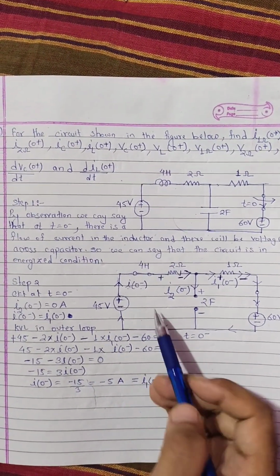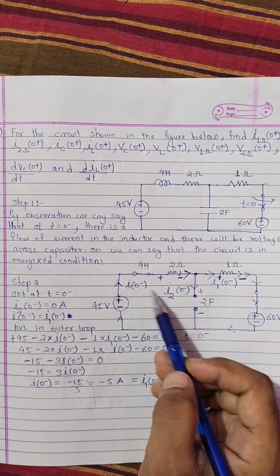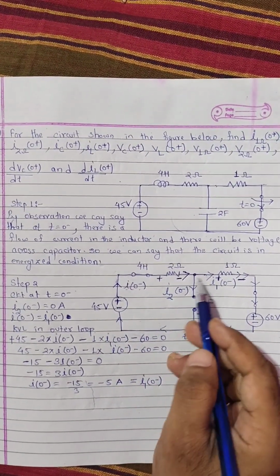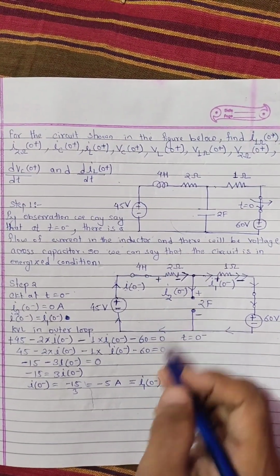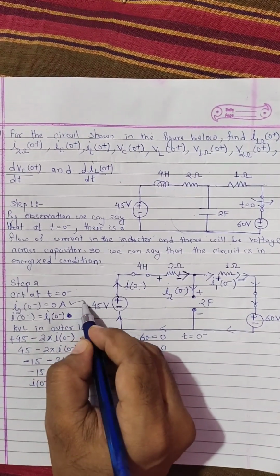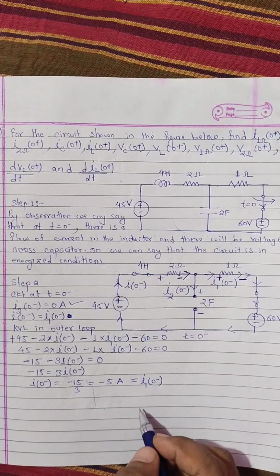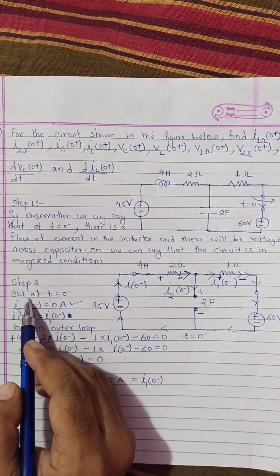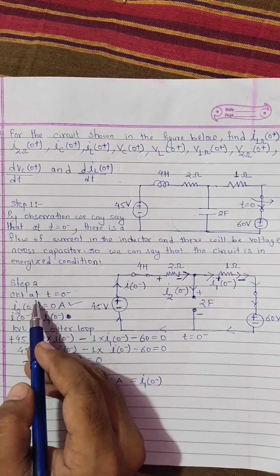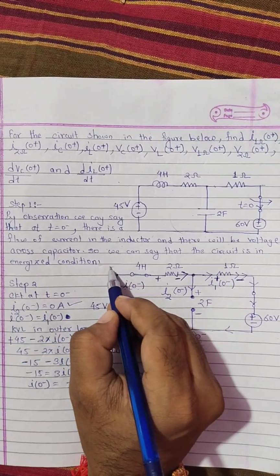Now we have calculated the branch currents: I0 minus is minus 5 ampere, I10 minus is minus 5 ampere, and I20 minus is 0 ampere. Now in step 2, our target is to calculate the current through the inductor, that is IL0 minus.